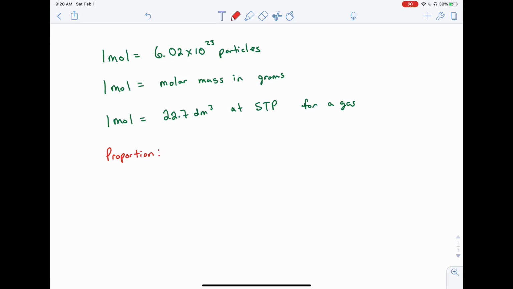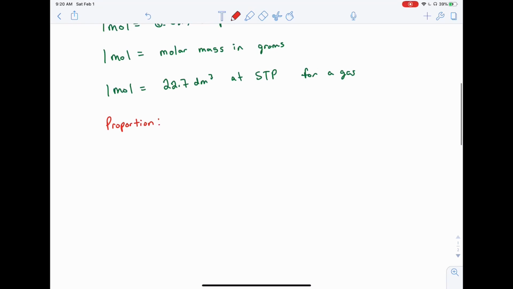Let's say our problem is 1.5 moles of N2 gas, and we want to know how many grams of N2 gas that is. In a proportion, the units have to be the same across because they are equivalent to each other. So your unit up here will have to be moles of N2, and the unit down here will have to be grams of N2.